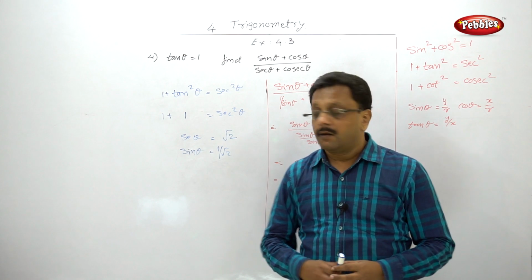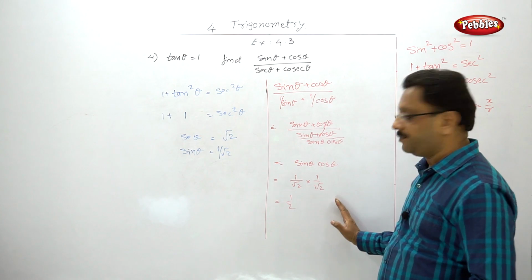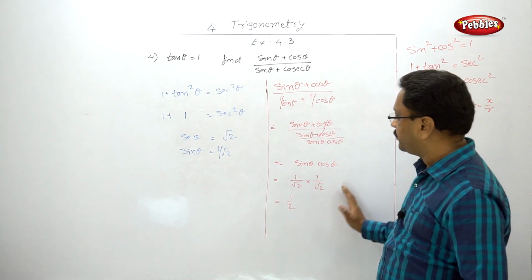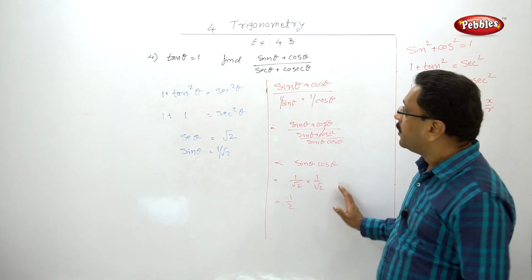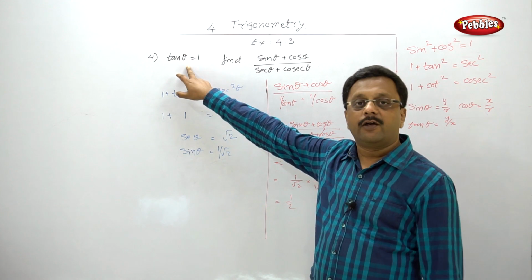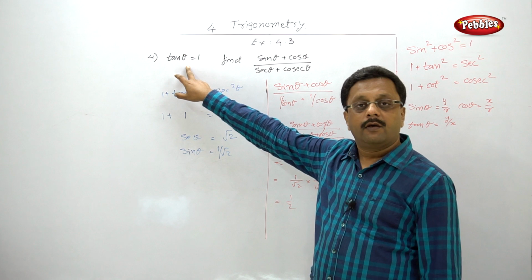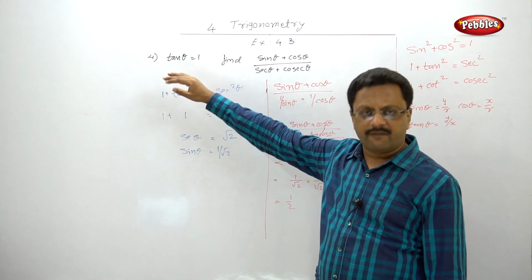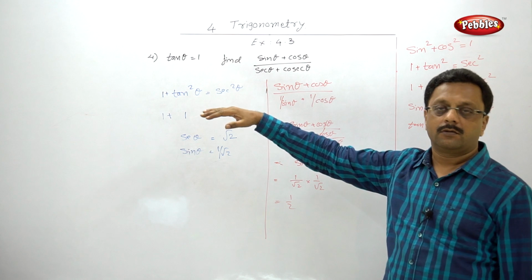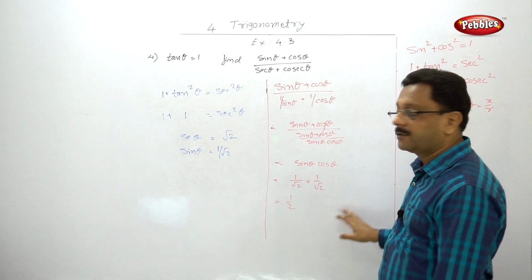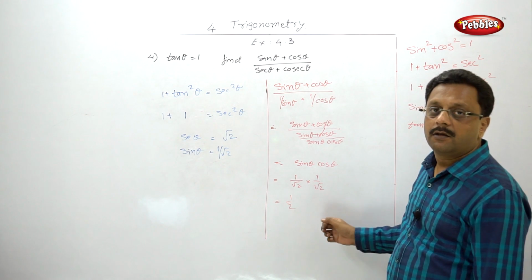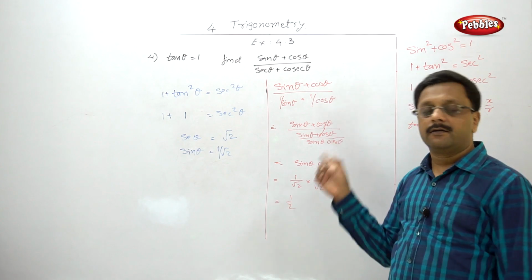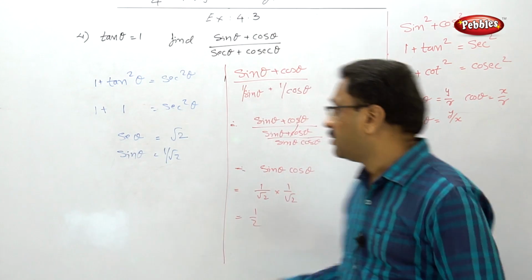My way is this. I like this way. Okay, that means first find out the value of r. Find the value of x and y, find the value of sine and cos. Simplify this and then use the values at the end. My favorite method is this.